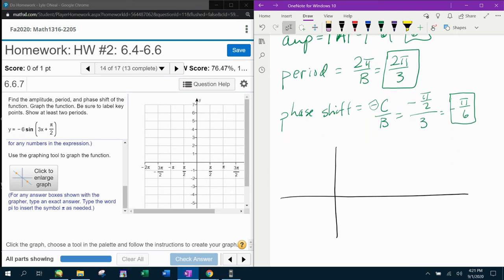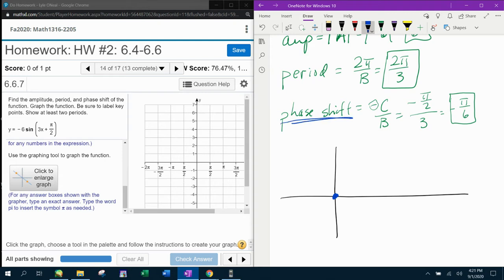Sine always starts at the origin. So we're going to go to the origin and put a big old dot. That's our starting point. Cosine starts at the value of A. But since we have a sine, we're going to start at the origin. That is step number 1.